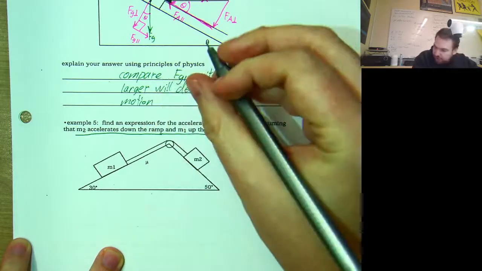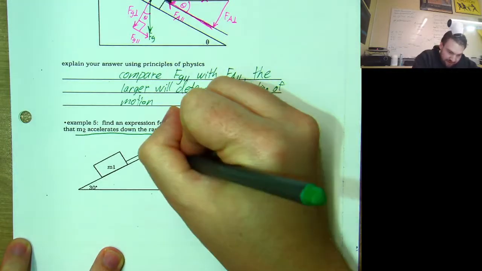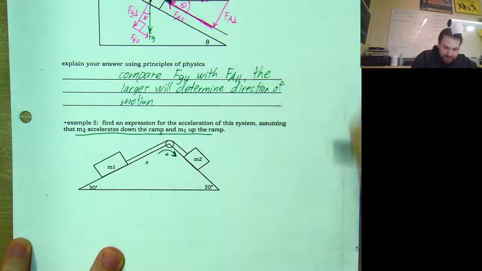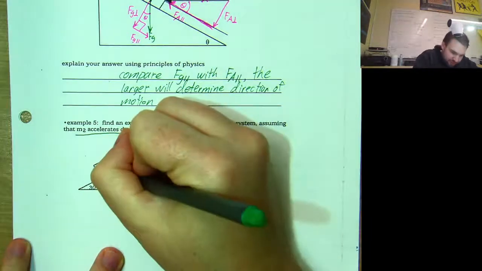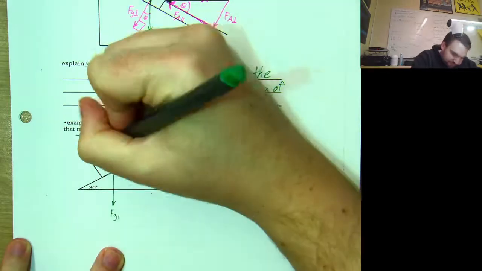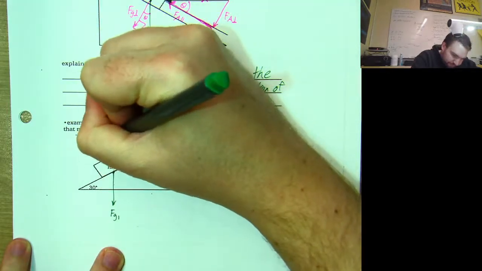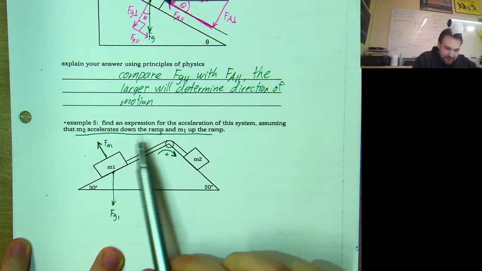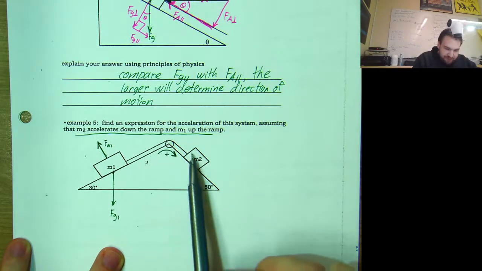So we're going to call this direction positive. So we're going to have Fg1, Fn1. We're told to assume that m2 is accelerating down the ramp and m1 up.